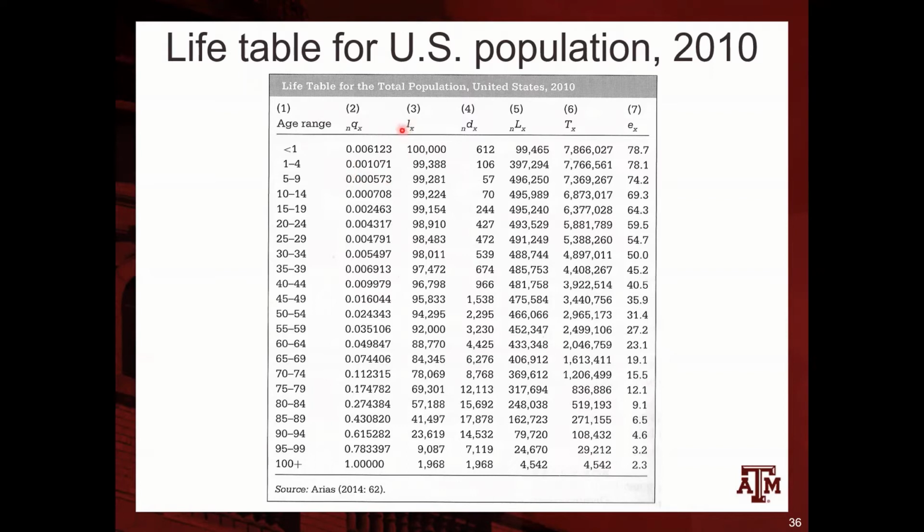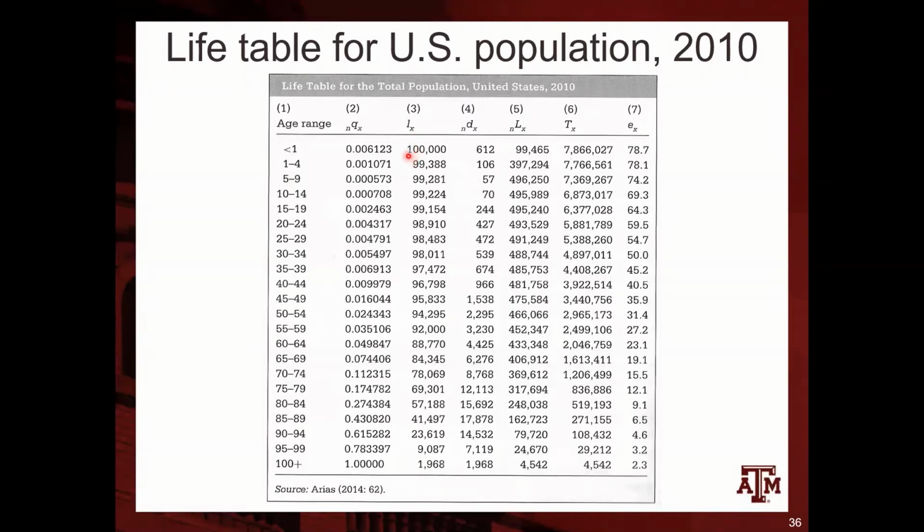Here we don't have the notation of N, because it's just saying 100,000 people were born in this exercise that I'm doing here. 99,388 people survived the chance of dying in the previous group and survived to age 1. This number of people here survived to age 5, to that exact age.